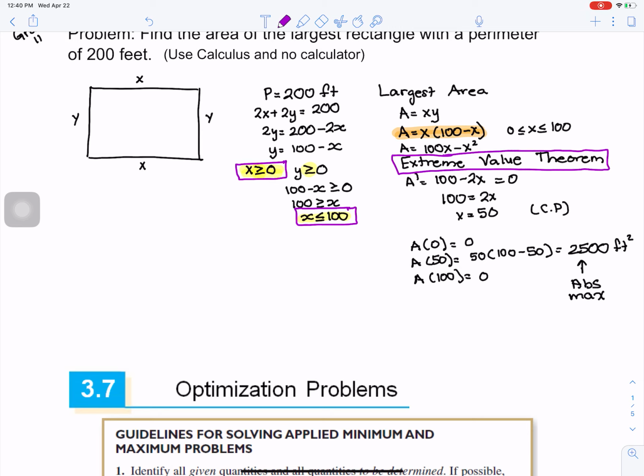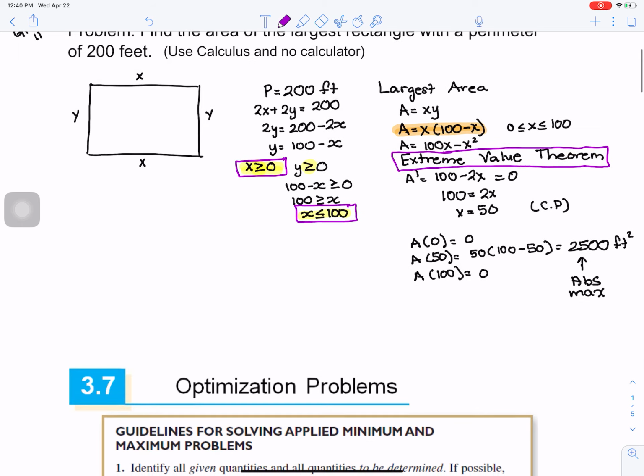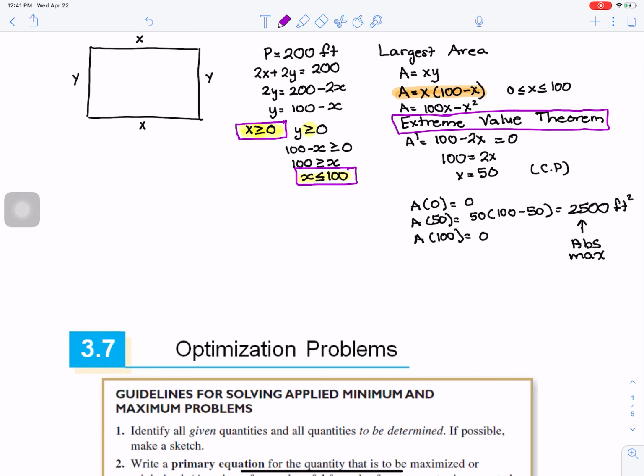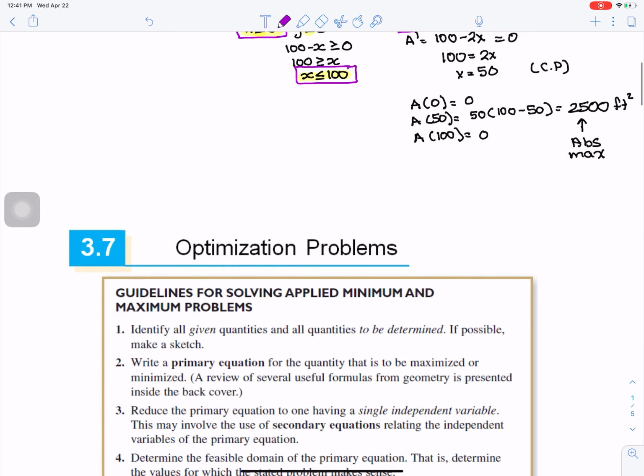If I didn't use the extreme value theorem, I can find local maxes and local mins, but that doesn't guarantee that those are going to be absolute maxes and absolute mins. So in the bottom examples, you'll see that sometimes we have to do a little more problem solving and be a little bit clever to try to prove that these are absolute maxes and mins on whatever interval is given to you in that case.